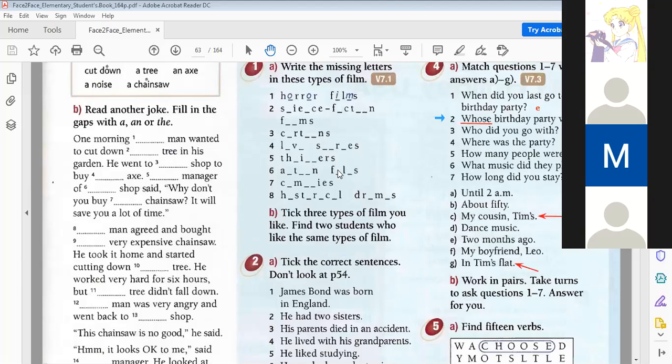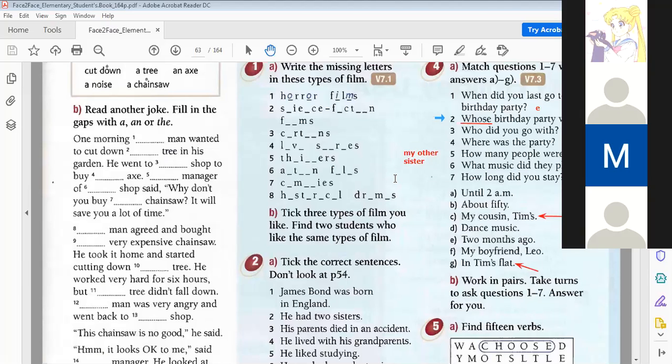Okay. Who did you go with? With, how do we say my other sister? With my other sister. Okay.